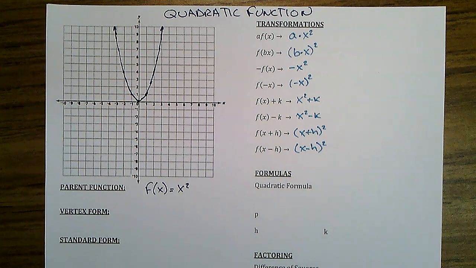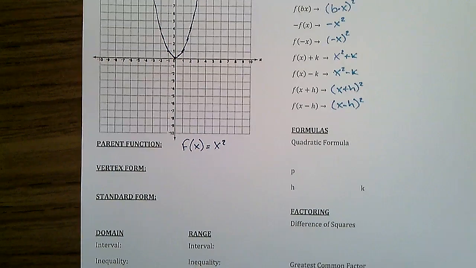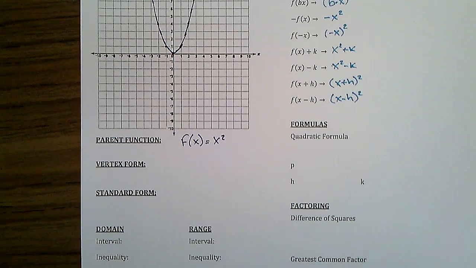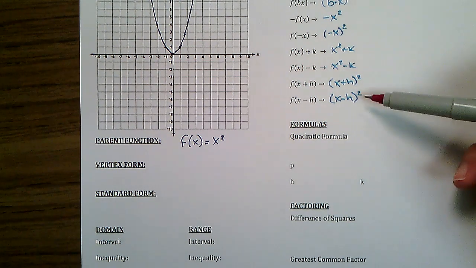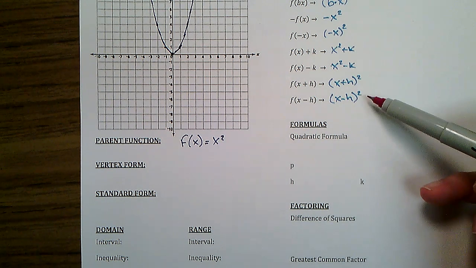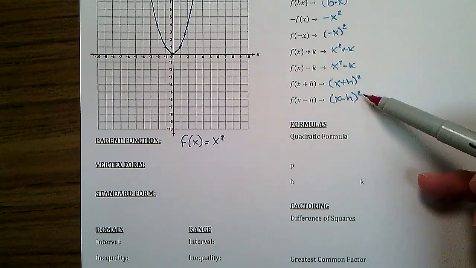Now, key to understanding and interpreting our transformations is to look at the vertex form of our function. And all the vertex form is our function where our transformations are applied, but this squared function here is not expanded.